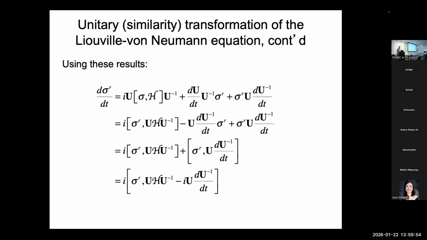So part of the game, faced with some time-dependent Hamiltonian, is trying to figure out a U such that this combination becomes independent of time, and then you know how to solve the problem. The justification of this equation is on the earlier slides. You can look at that over the weekend, and that's where we'll start up. At that point, we have the equations we need, and now the problem is how to use them.